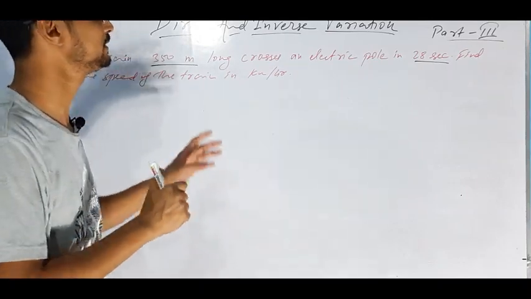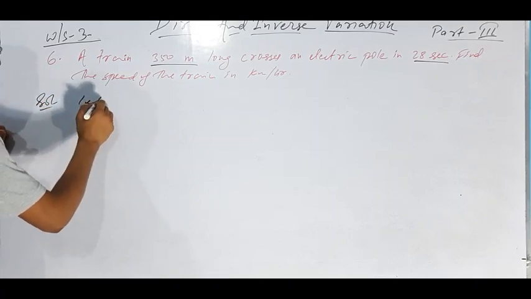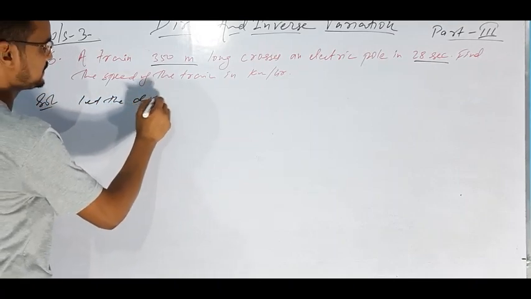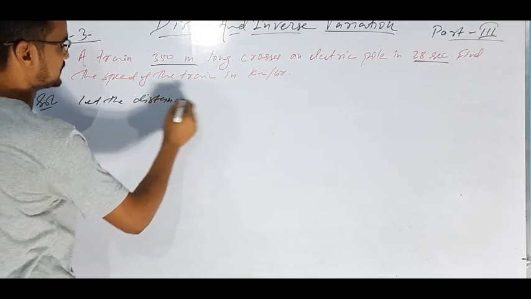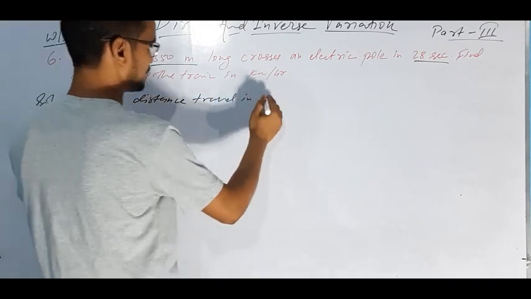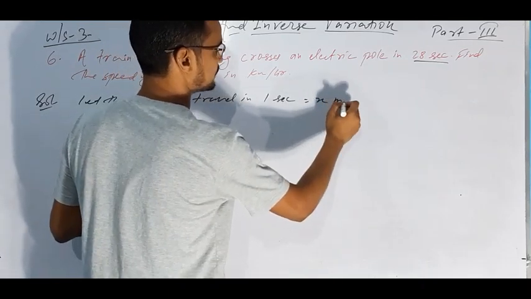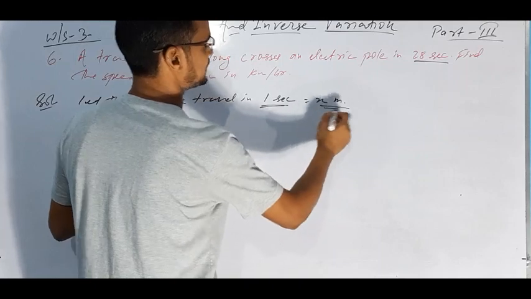So firstly we will take, let the distance travelled in 1 second be equal to x meter. Why have we taken second and meter?